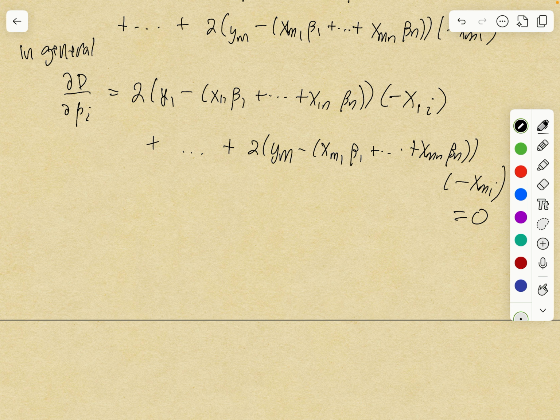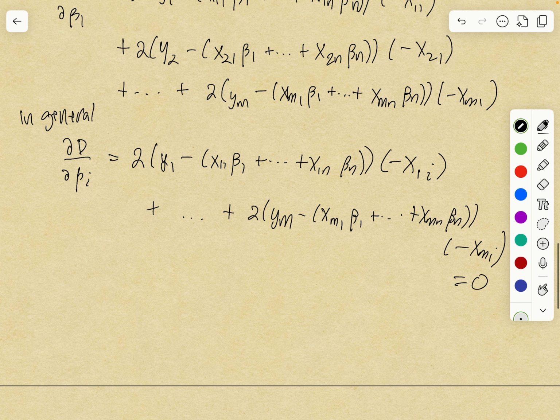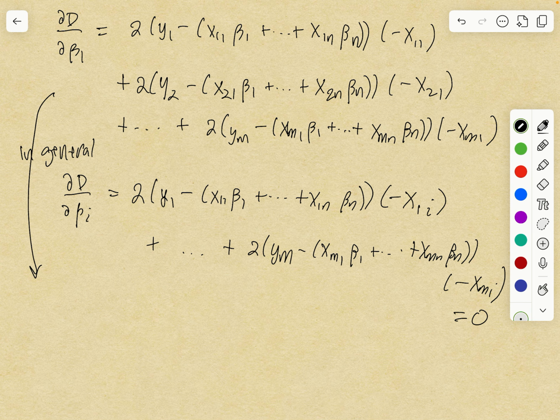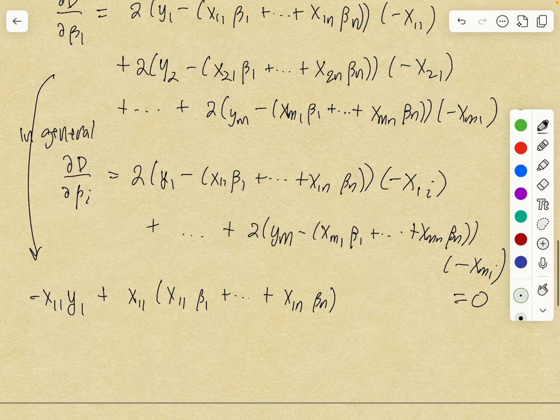So if you divide everything by 2, I can write this first equation, the partial derivative with respect to beta 1, as negative x11 y1 plus x11 times x11 beta 1 plus dot dot dot plus x1n beta n, plus negative x21 y2 plus x21 times x21 beta 1 plus dot dot dot plus x2n beta n.